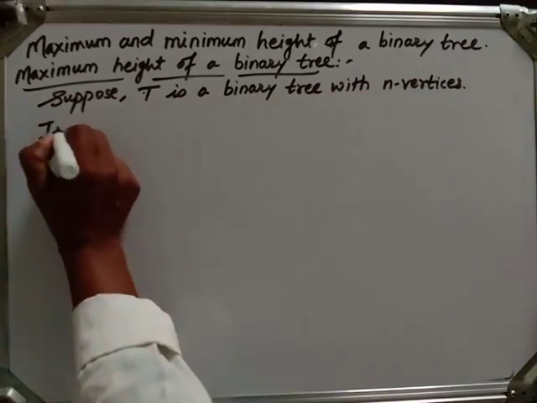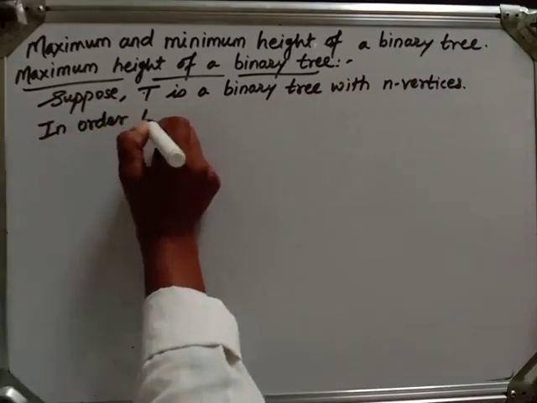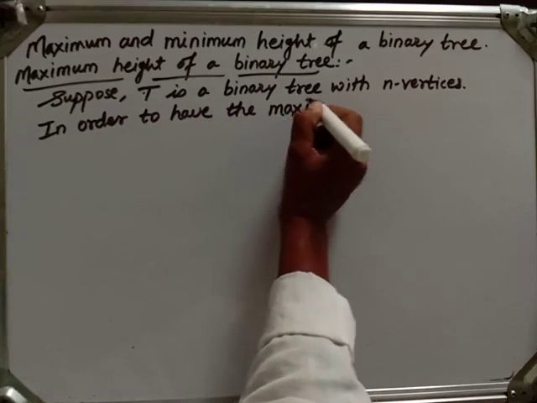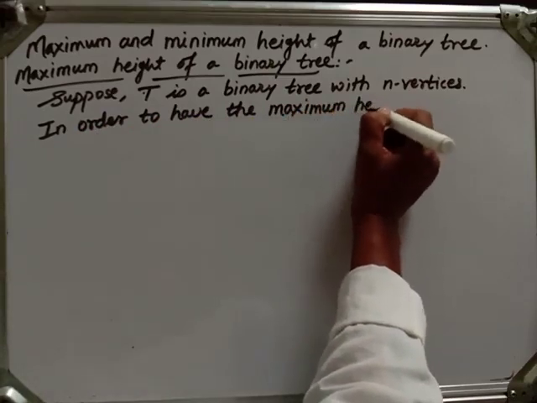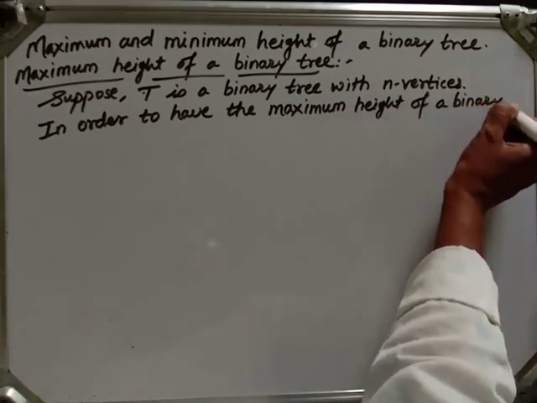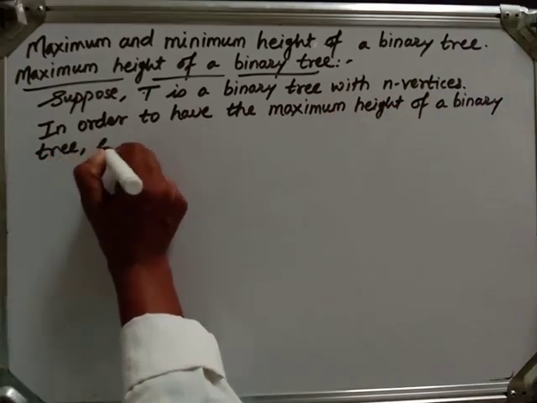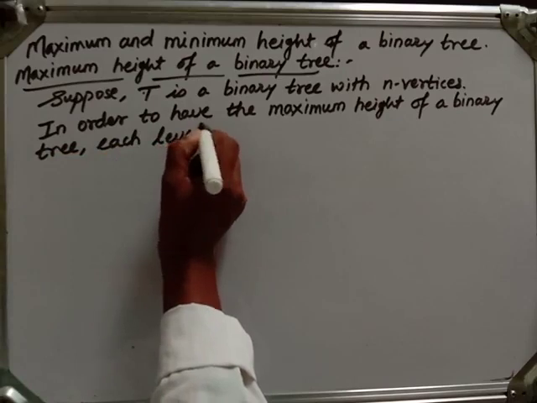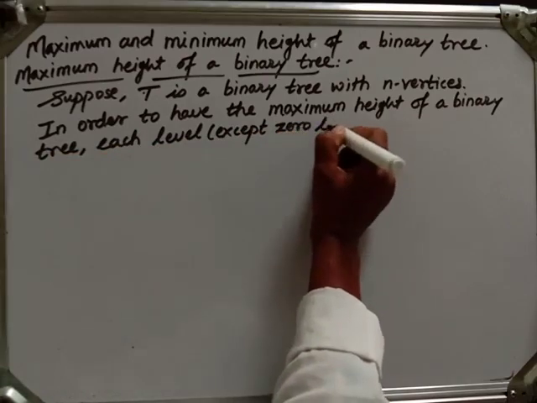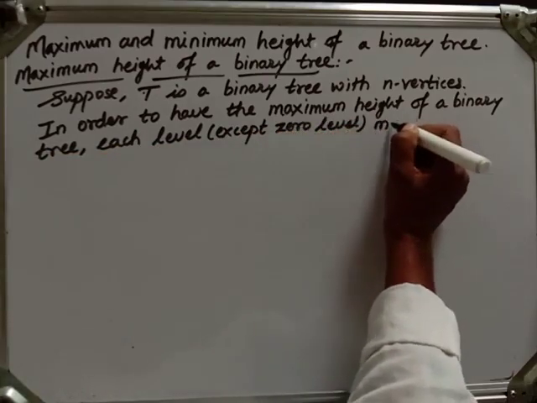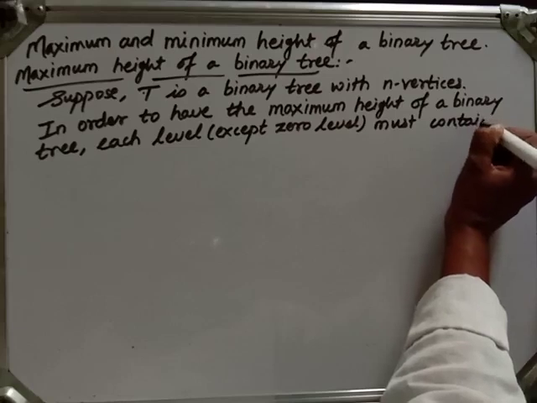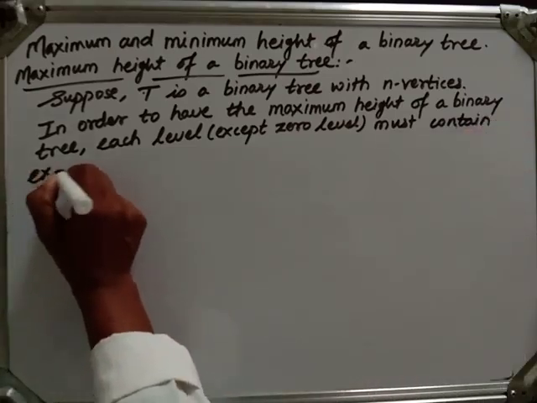In order to have the maximum height of a binary tree, each level except level 0 must contain exactly 2 vertices.